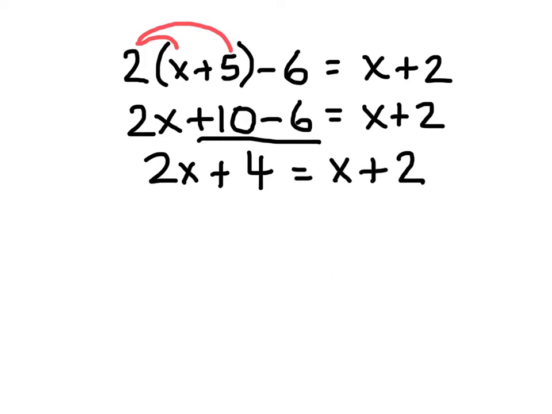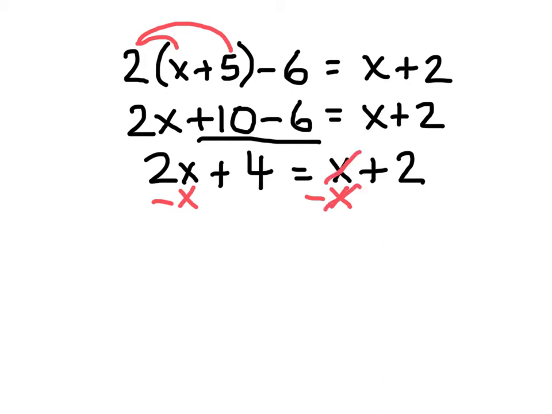Now think about your problem-solving skills. What would you do from this point? Well, if you said get rid of one of the variable terms, you're right. We want to get all the variables to one side. I would suggest that we subtract an x from both sides to zero out this x over here.